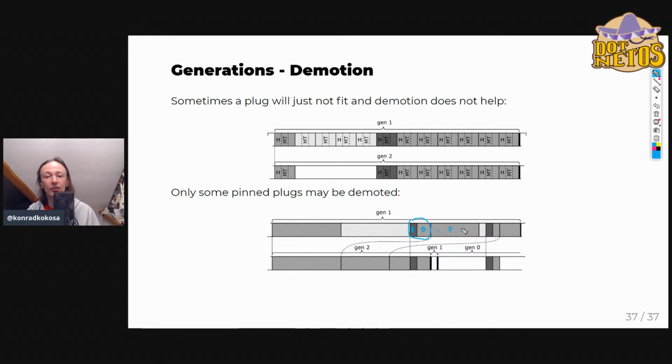And while the general rule was that you should avoid pinning for a long time, in other words, you should pin only for a short amount of time, that was the rule.